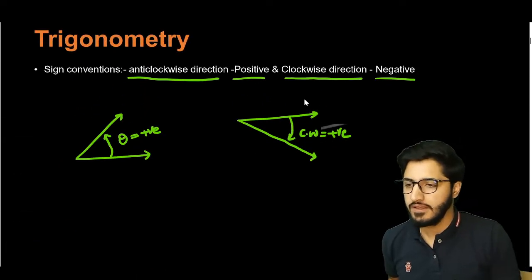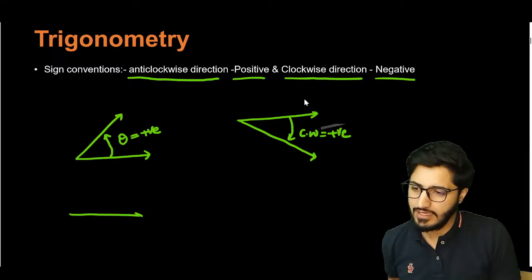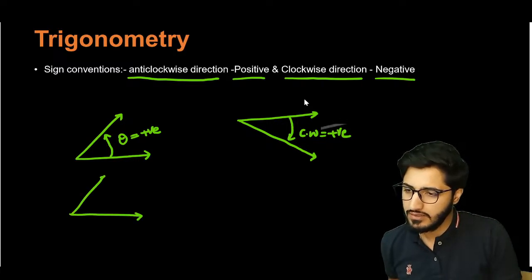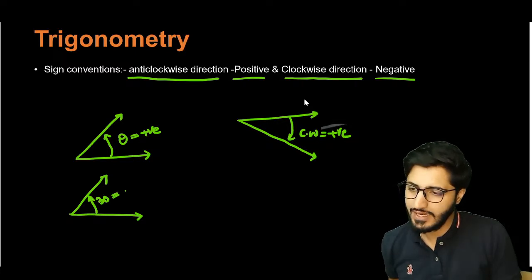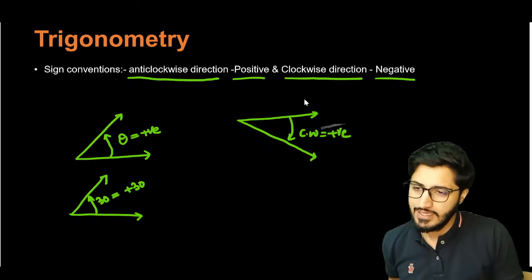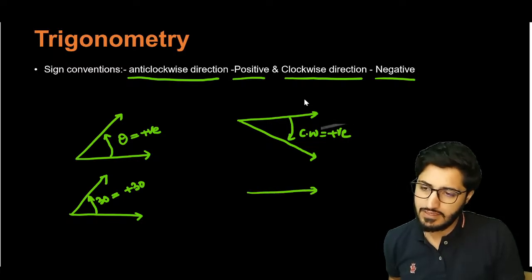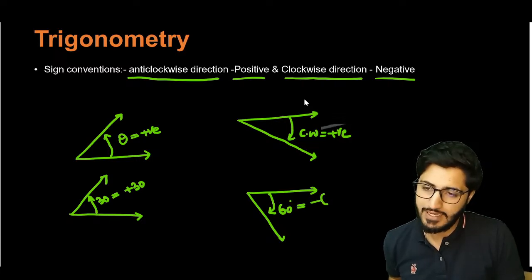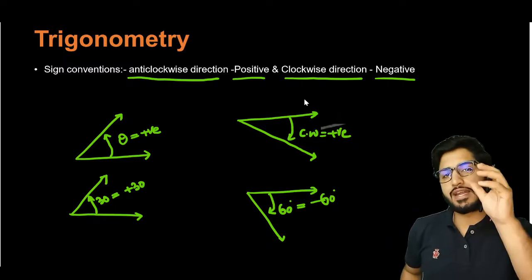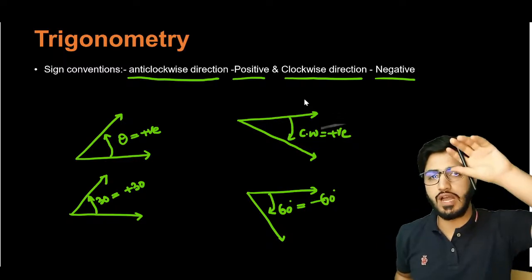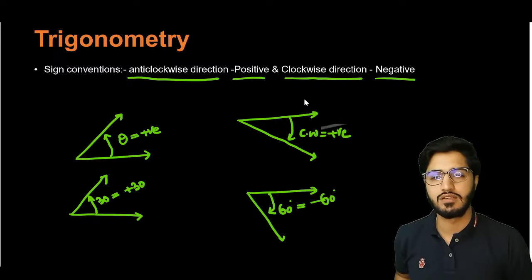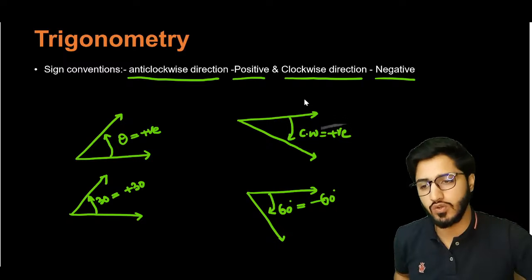Now look, if the angle is given to be 30, you will write it as plus 30. In the same way, if the angle is 60, but the rotation is clockwise, you can represent this as minus 60. So here minus represents that you have rotated this line in a clockwise manner. Positive means anti-clockwise, right?